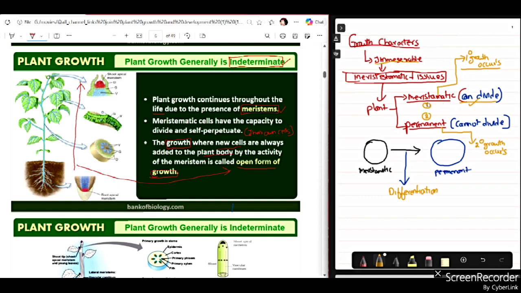If the meristematic tissues lose the capacity to divide, they convert into permanent tissues. So meristematic tissues can divide, and these cannot divide.